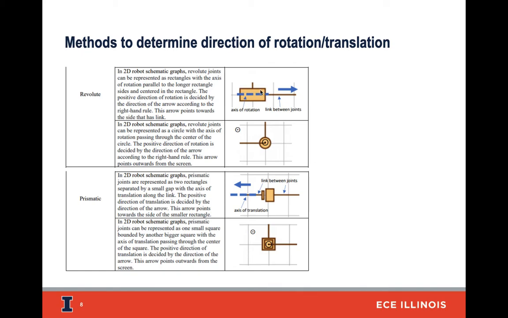The positive direction of rotation is decided by the direction of the arrow according to the right-hand rule, and this arrow points towards the side that has the link. The direction of translation of a prismatic joint is also determined by the direction of the arrow. In this case, it's pointing towards the smaller rectangle right here.